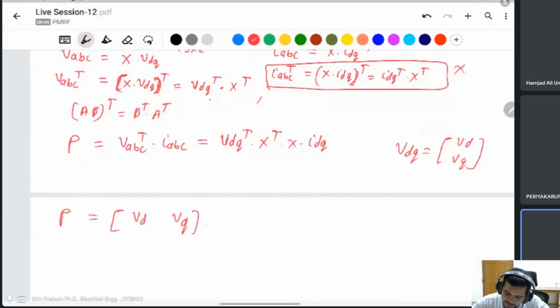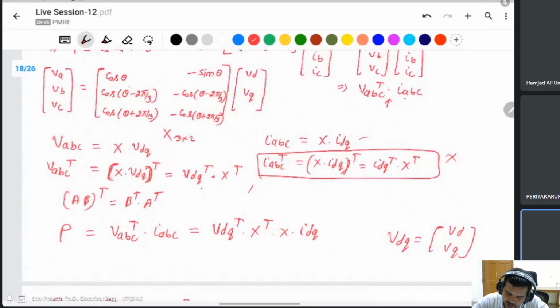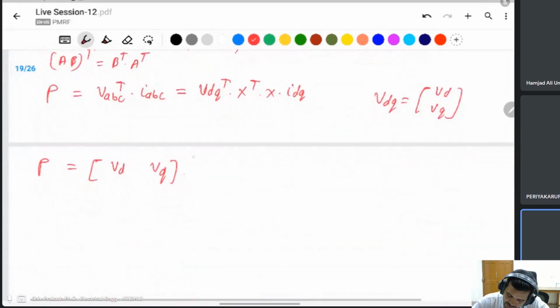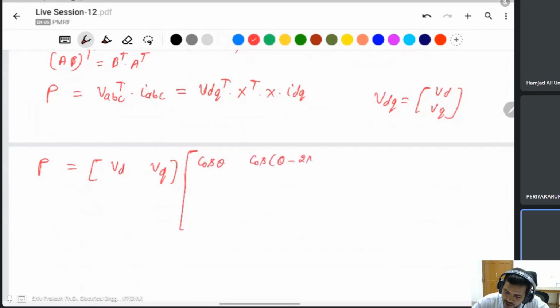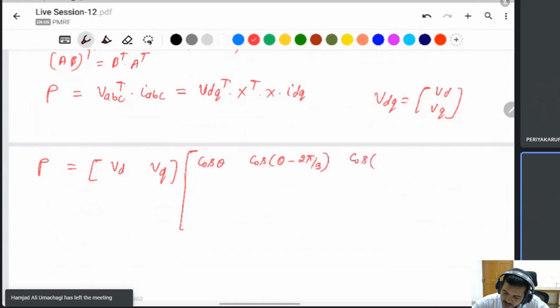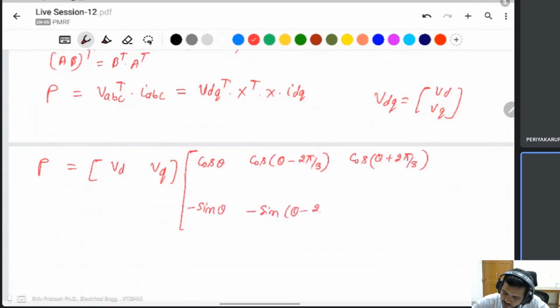X transpose of this one is cos in the upper row and sine in the lower: cos theta, cos theta minus 2 pi by 3, cos theta plus 2 pi by 3, then minus sine theta, minus sine theta minus 2 pi by 3, minus sine theta plus 2 pi by 3.